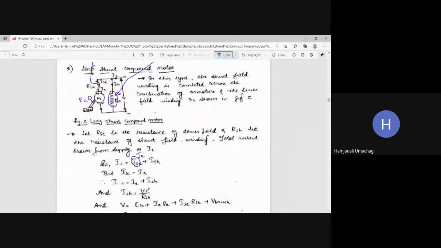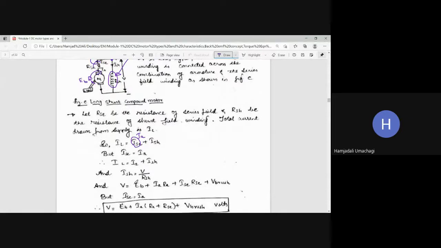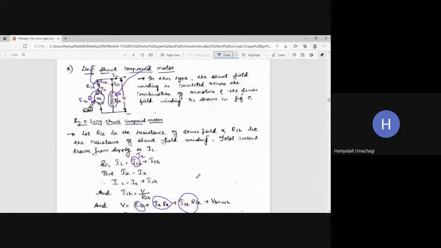And if you want to write the voltage equation, here you will have two loops. This is loop number 1. This is loop number 2. So V is equal to EB, the back EMF, plus the drop because of the armature resistance, IA RA, plus the drop because of the series field winding, that is ISC into RSC.